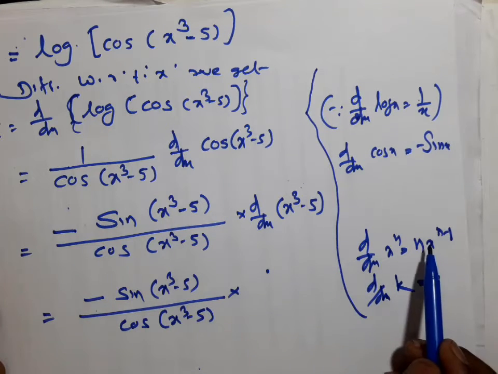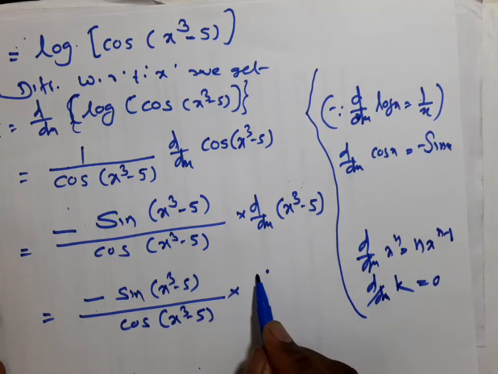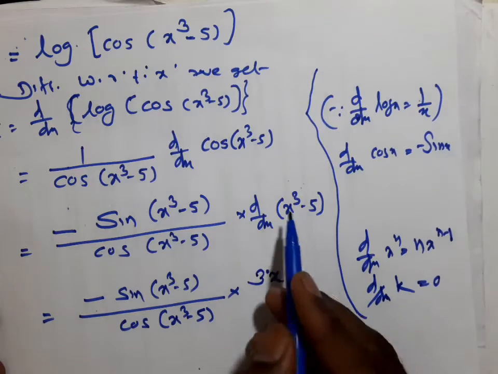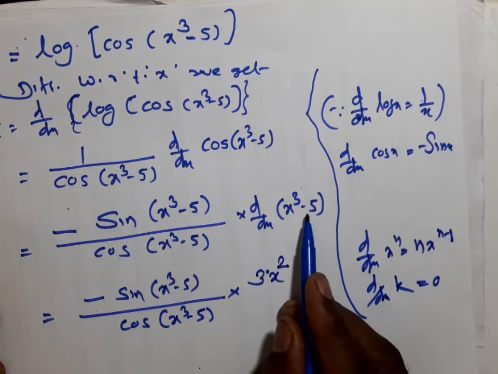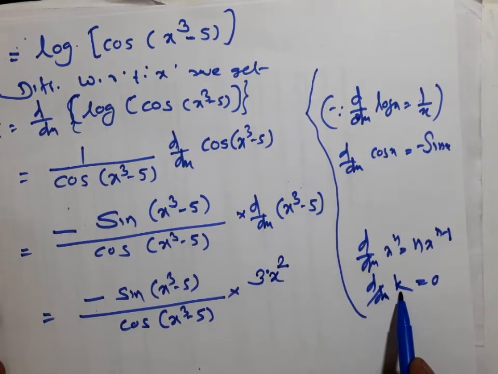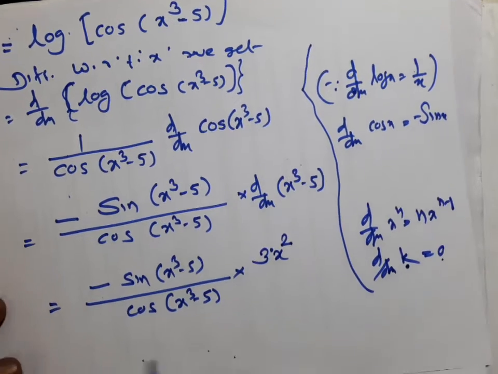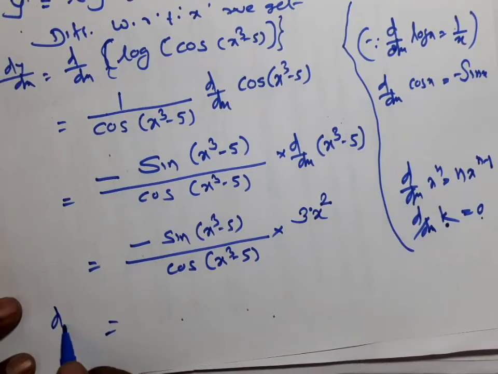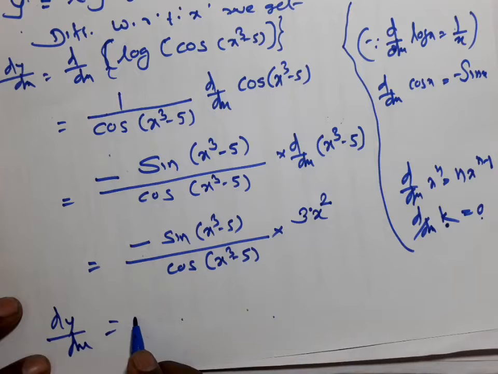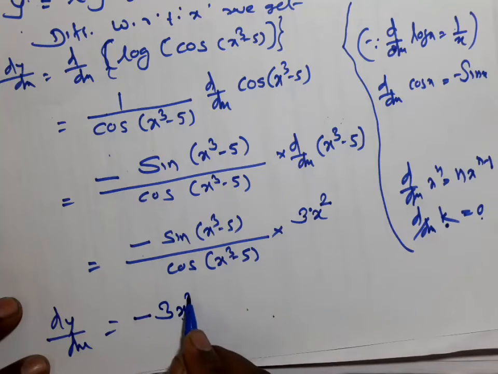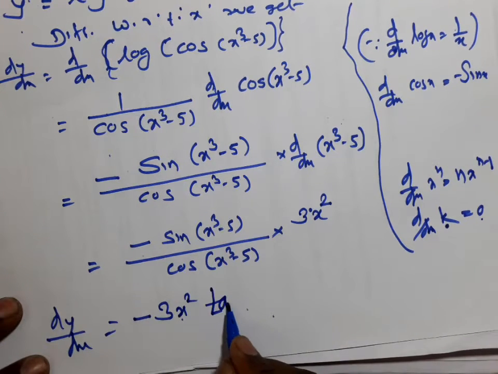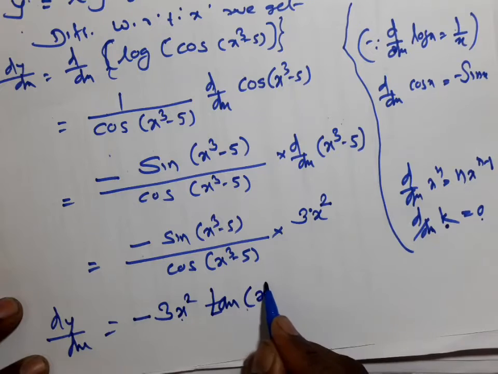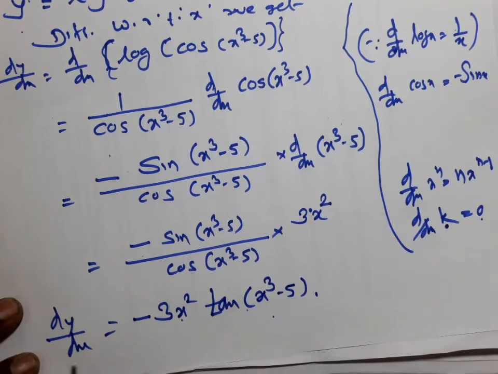So x raised to n minus 1 means 3x raised to 3 minus 1, which is 2, and minus 5 is a constant, its derivative is 0. Finally, you can write more precisely: minus 3x² tan(x³ − 5).